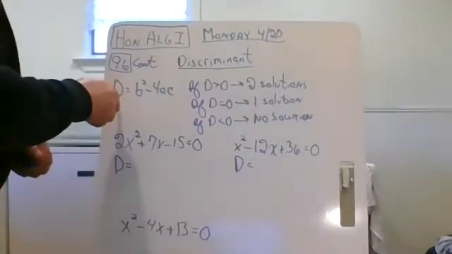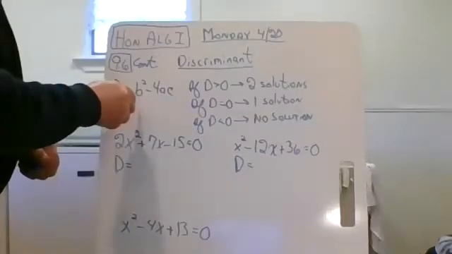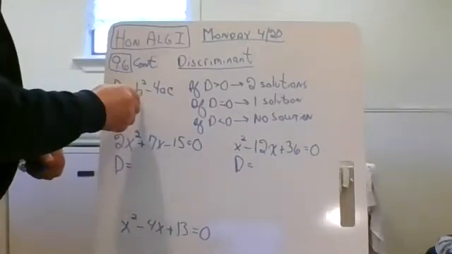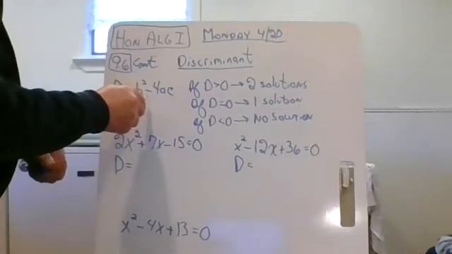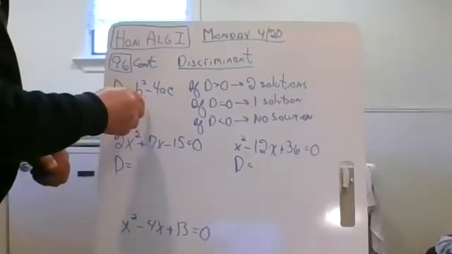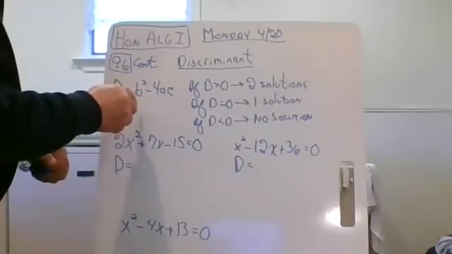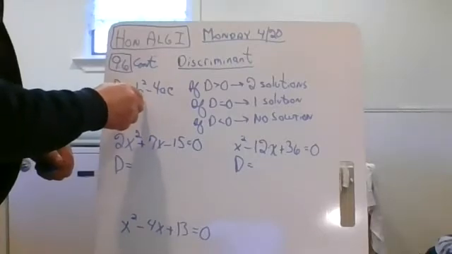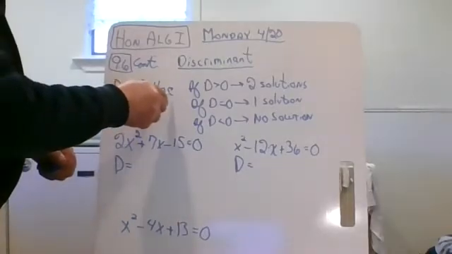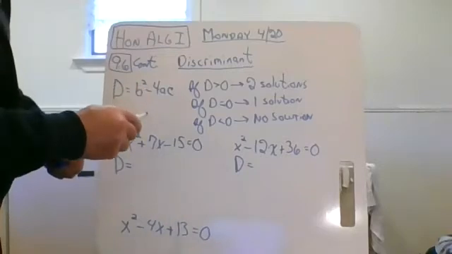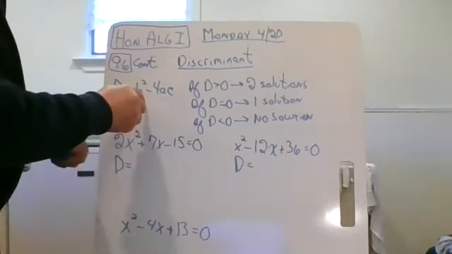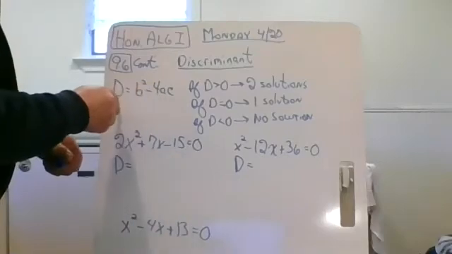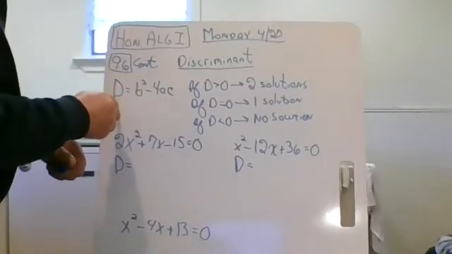So if we let D be the discriminant, it is the expression that's under the radical. Opposite of b plus or minus the square root of b squared minus 4ac all over 2a. And so the b squared minus 4ac, that's the discriminant.